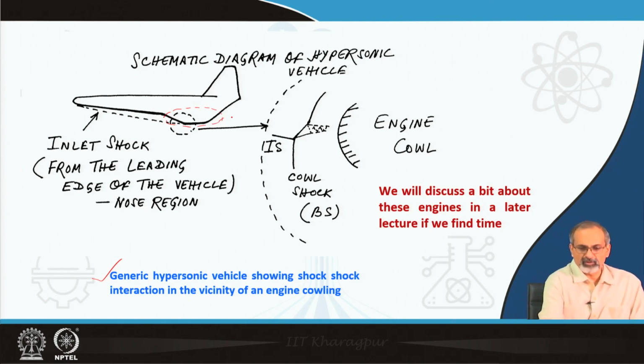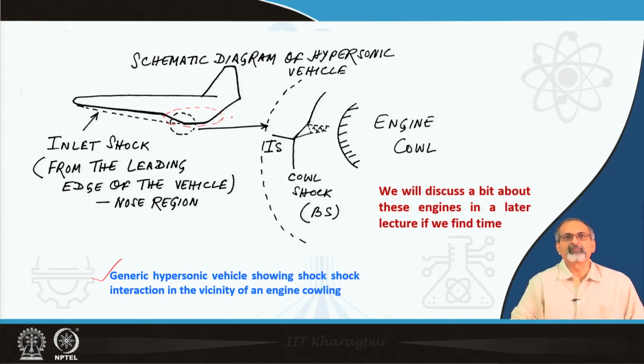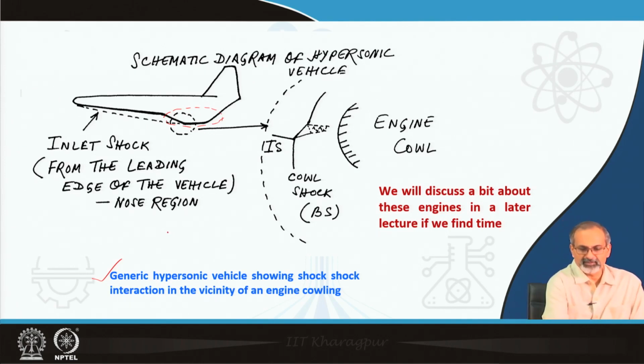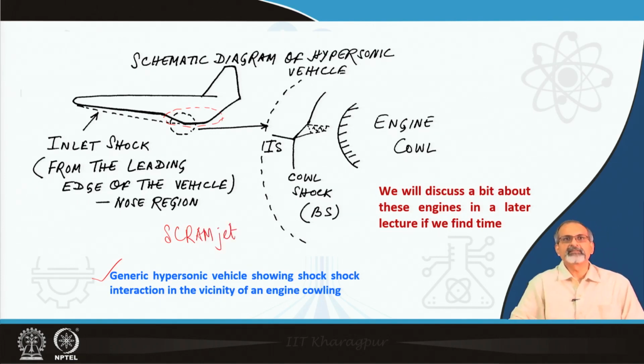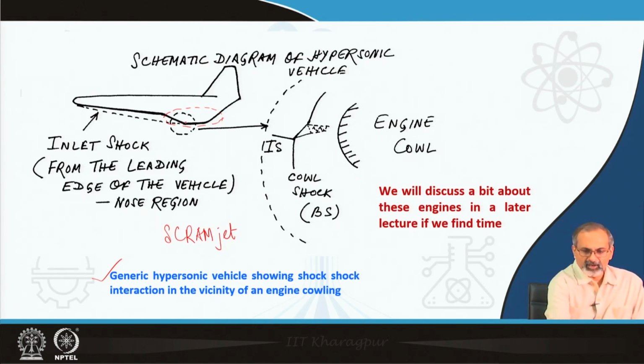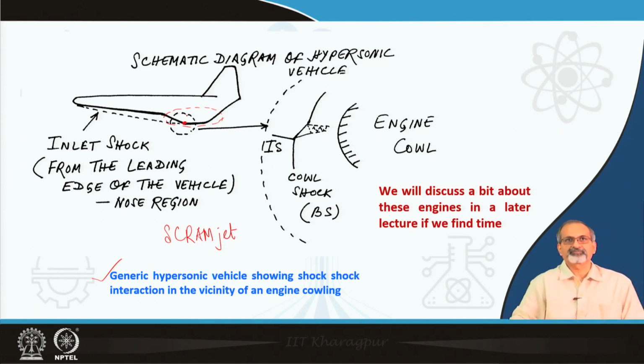Many a time we talk about supersonic combustion ramjet engines used for these purposes. We call them scramjet engines, and they are often located in the lower part of the body, and the engine cowling lies somewhere over here.